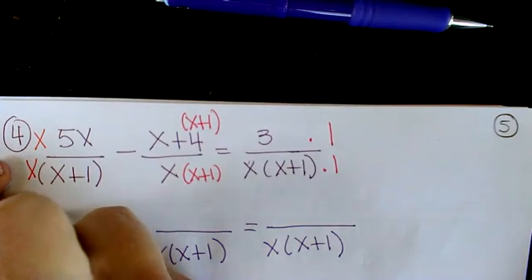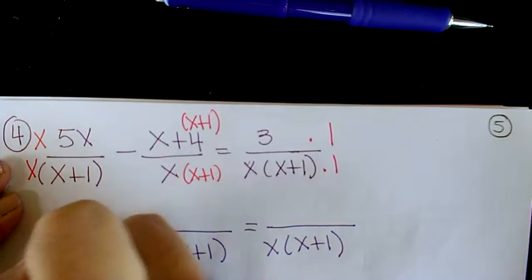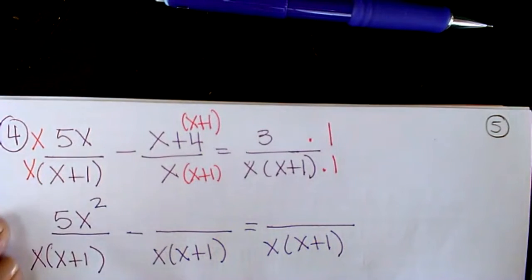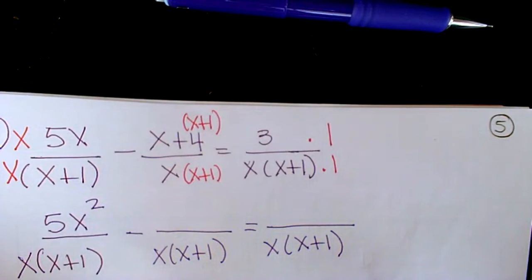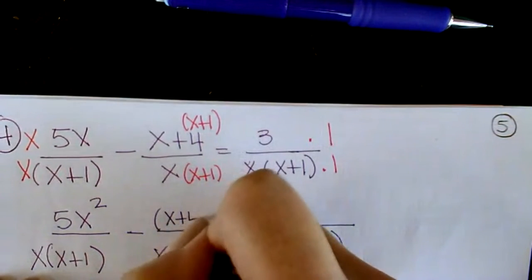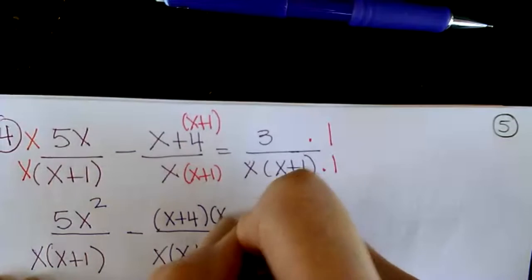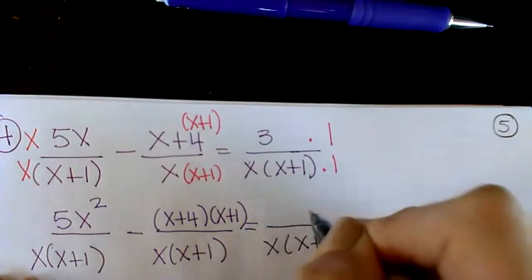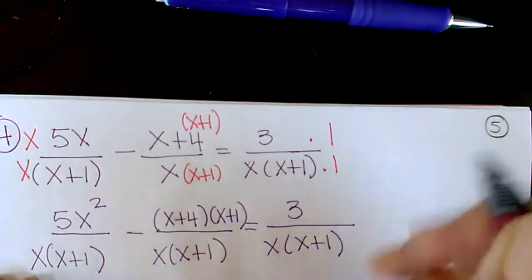So let's do it. This is going to be 5x squared. Now we have x plus 4 times x plus 1. And this is going to stay the same.